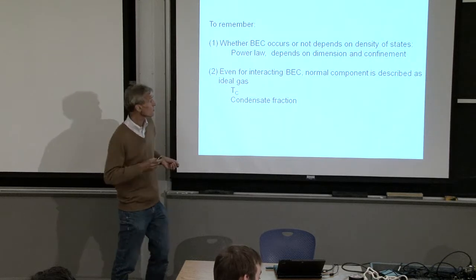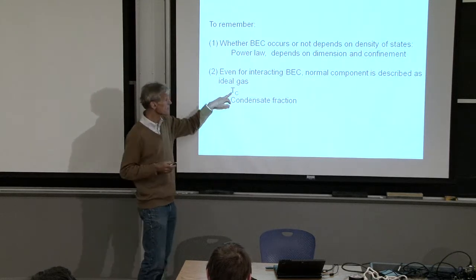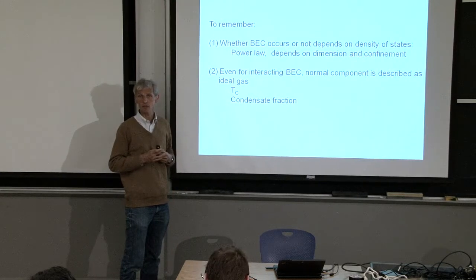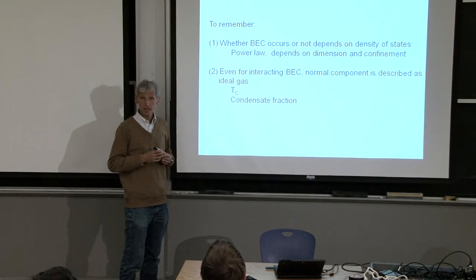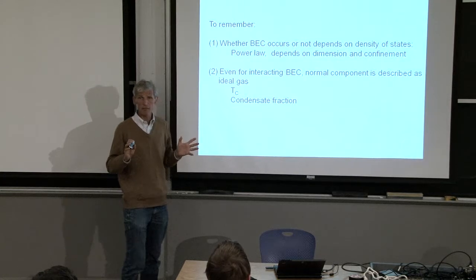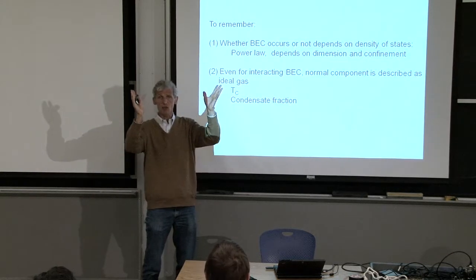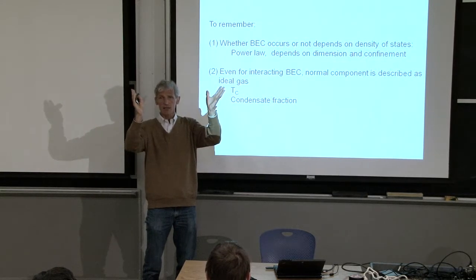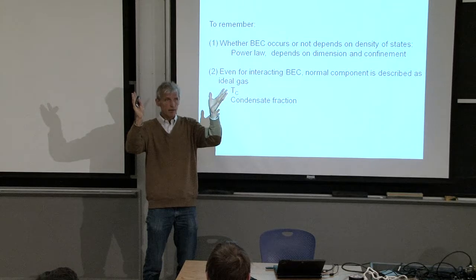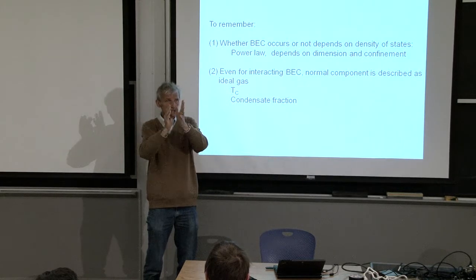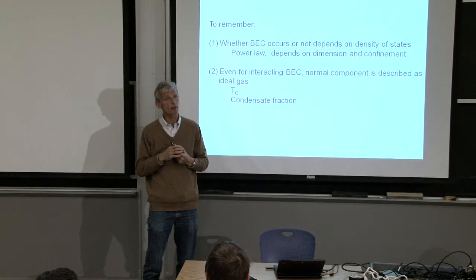What is always close to the ideal gas is the transition temperature and the condensate fraction. Because in almost all experiments, when you reach Bose-Einstein condensation, your gas is, to a good approximation, non-interacting, because kT, the transition temperature, is much larger than the interaction energy in the gas.